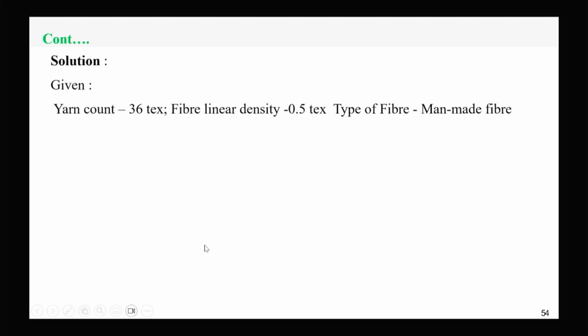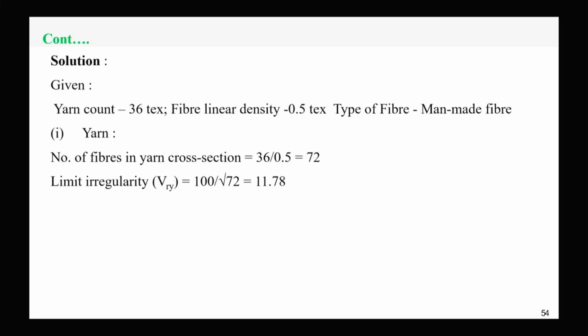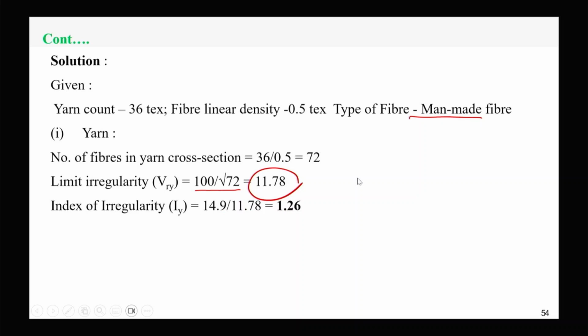Yarn count linear density is given 36 tex. Fiber linear density 0.5. So number of fibers in the cross section is 72. And as the fiber type is man-made fiber, so we use this relationship for limit irregularity, 100 by under root n. So limit irregularity of ring frame of yarn will be 11.78, and index of irregularity of ring frame is 1.26.